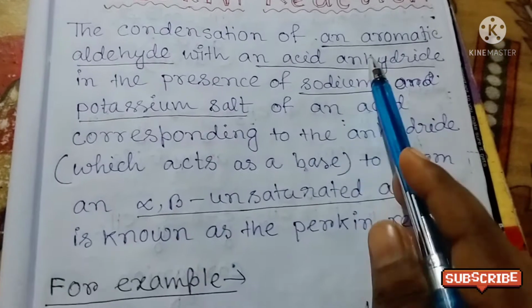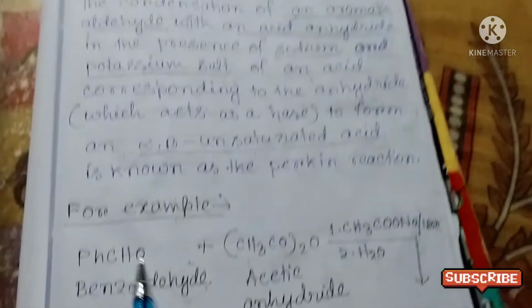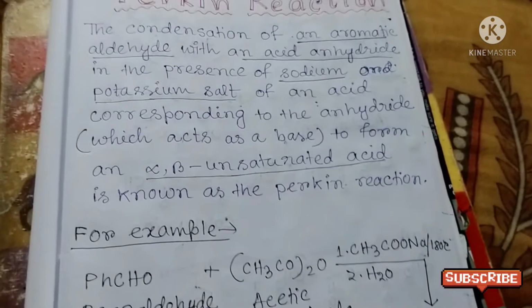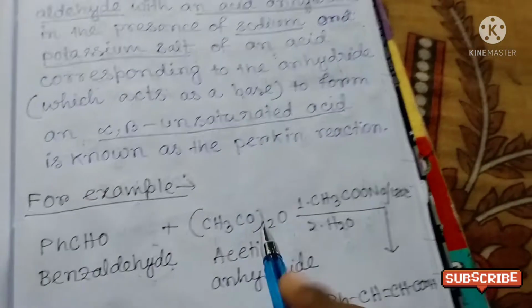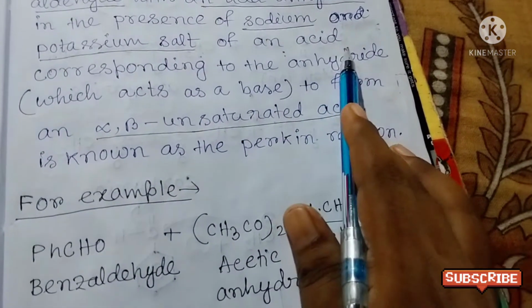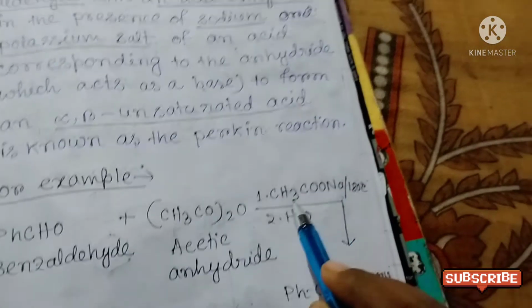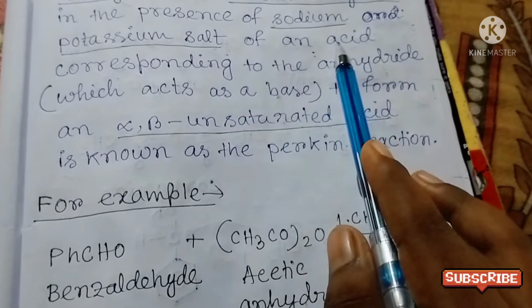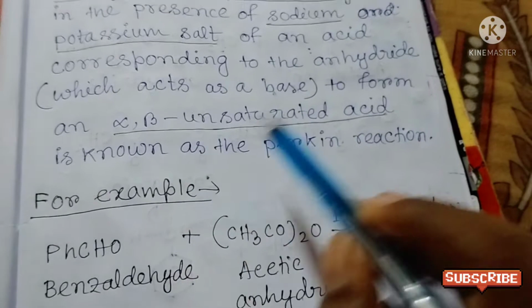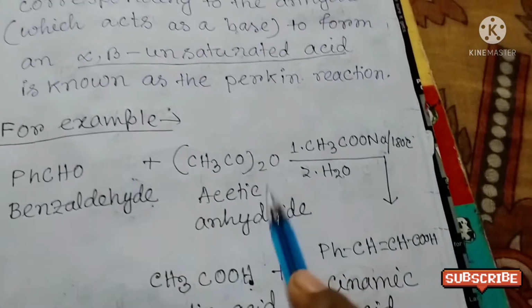That means an aromatic aldehyde, let's see the example, aromatic aldehyde with an acid anhydride. Now this is the acid anhydride, in the presence of sodium or potassium salt of an acid corresponding to the anhydride.